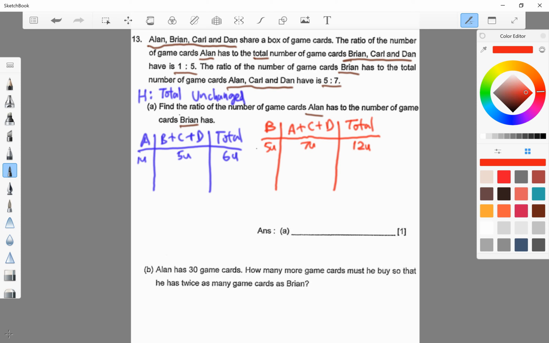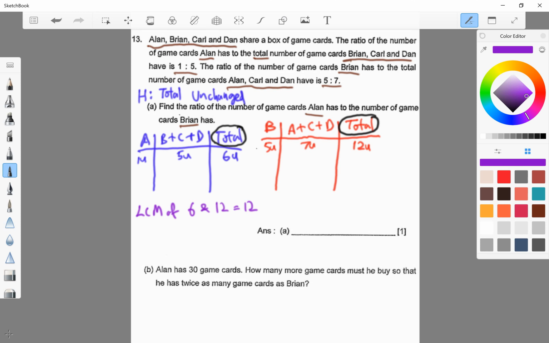So in this particular case, all I need to do is to make the total the same. I circle the total to remind myself that I must make the total units the same. The LCM, the lowest common multiple of 6 and 12 is 12.